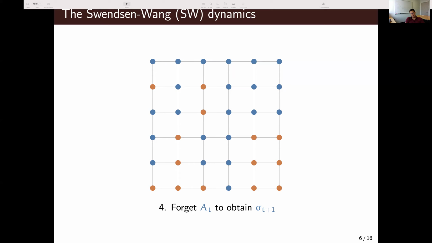And this is essentially what makes this Markov chain quite attractive, because the reason the Glauber dynamics was slow is that it has a hard time changing from a mostly red to a mostly blue configuration. This is what creates a bottleneck for that chain, but for the Swendsen-Wang dynamics, that does not happen.